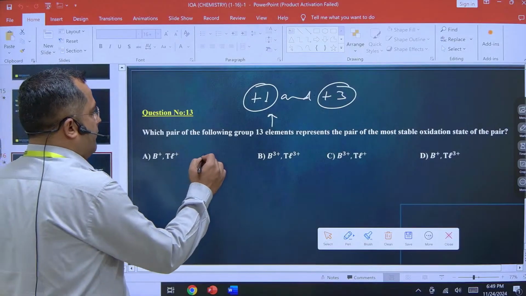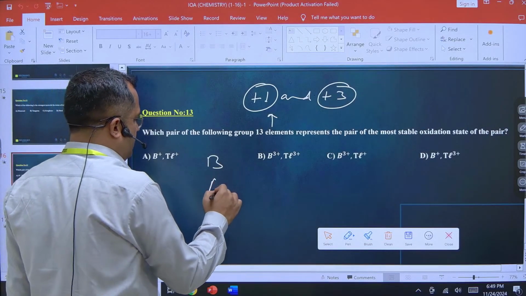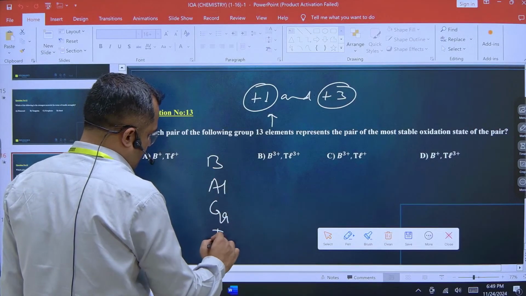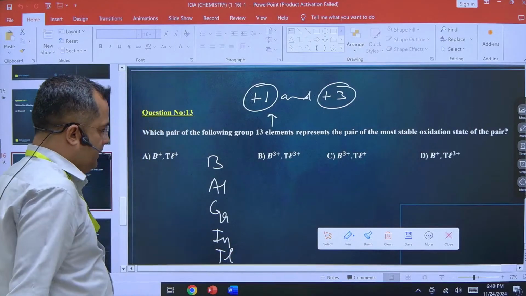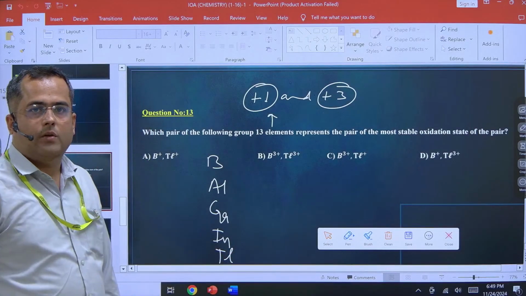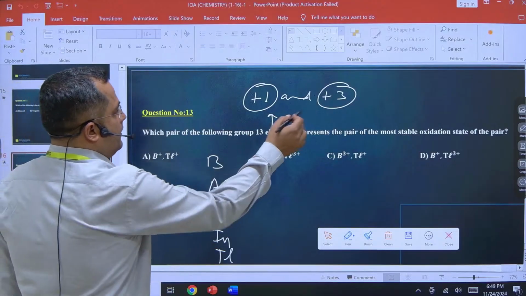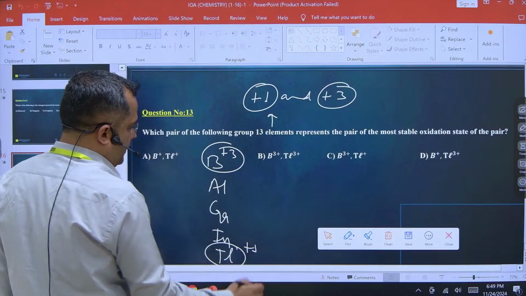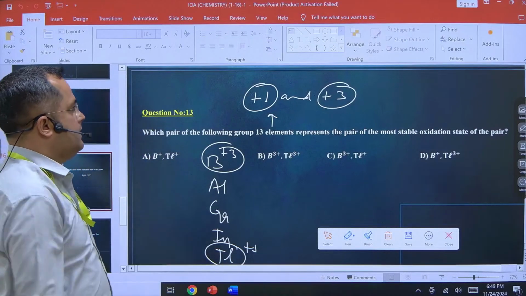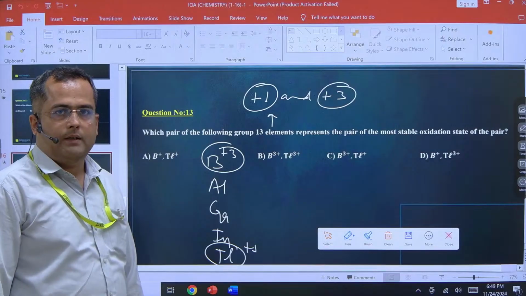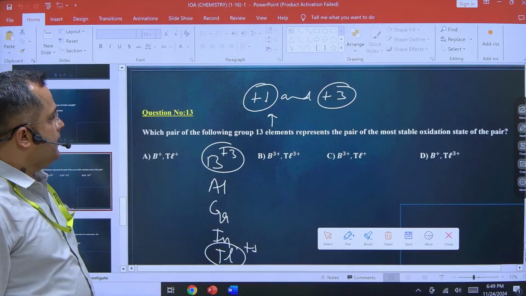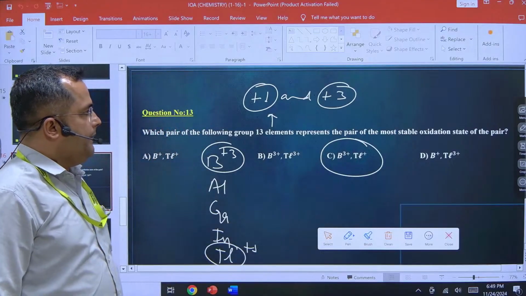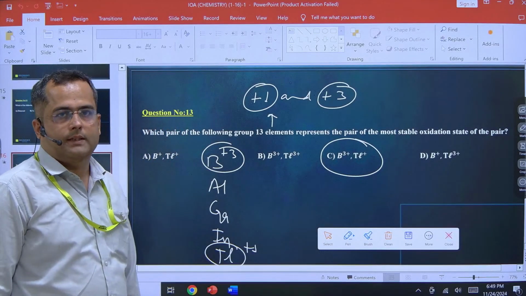So group 13 elements we have boron and Tl. These are the group 13 elements we all know. For boron, I think +3 is the most stable, and due to inert pair effect, the lower oxidation number is +1, which is less than +3. And we can check in option C. Yes, here we can see B +3 and Tl +1 is there.